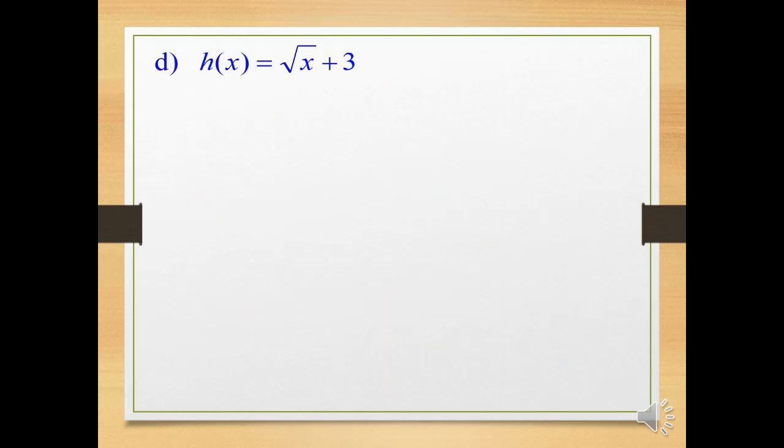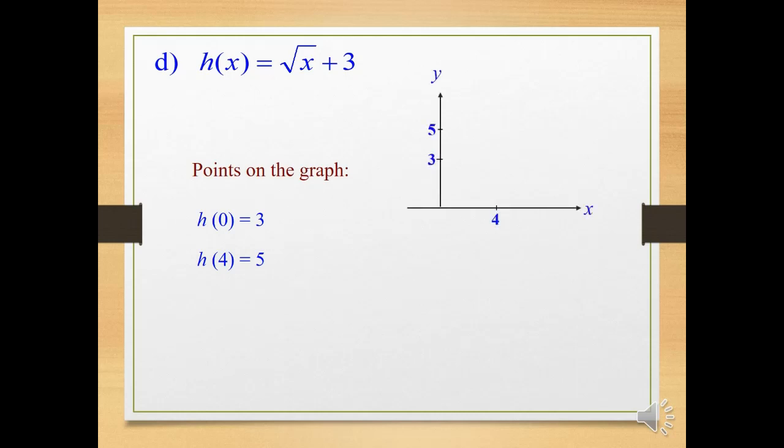h(x) equals square root of x plus 3. Points on the graph: when x is 0, h(0) is 3. Find another point on the graph: when x is 4, h(4) equals 5. Now we plot these two points on the graph.